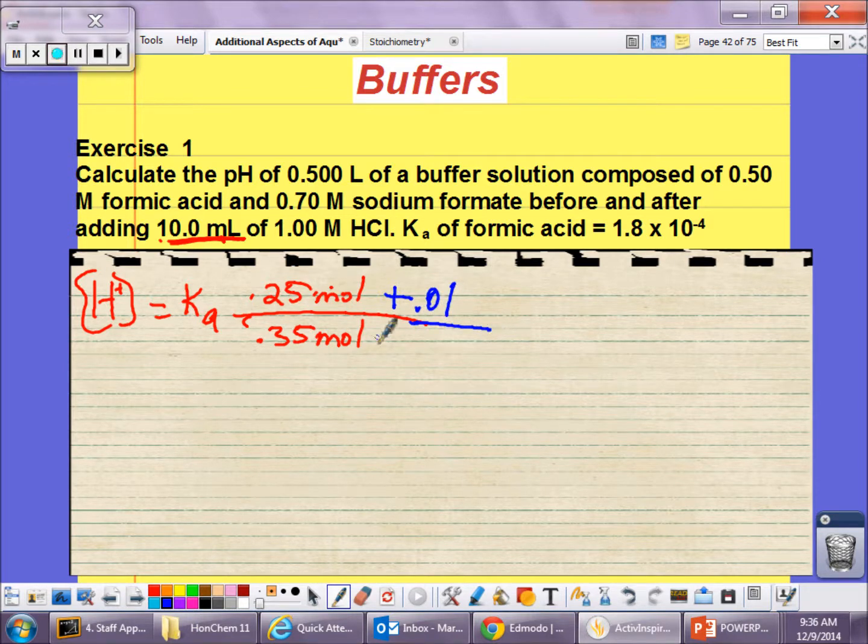And then we are taking away the exact same amount from the base. Why don't we do this first? This is 0.26. And then do this one. Then do the whole math for me, please.